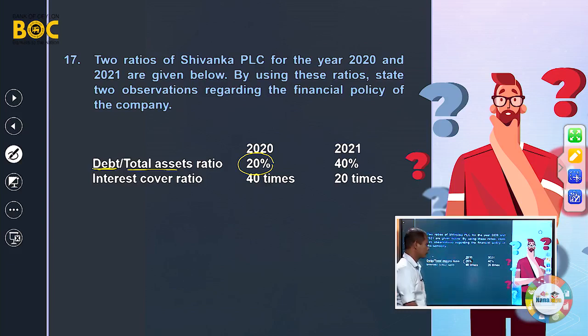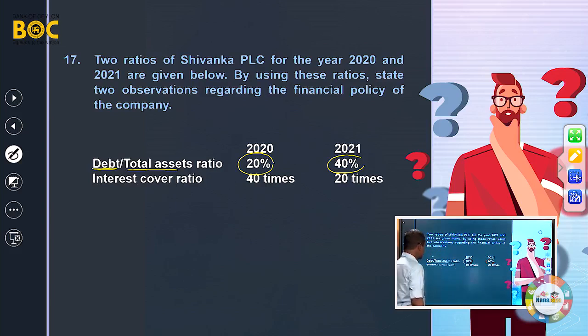In 2021 it is 40%. The debt ratio compared to total assets, which stood at 20% in 2020, has gone up to 40% in 2021. What you can understand here is that the company has obtained more debt to finance its assets.